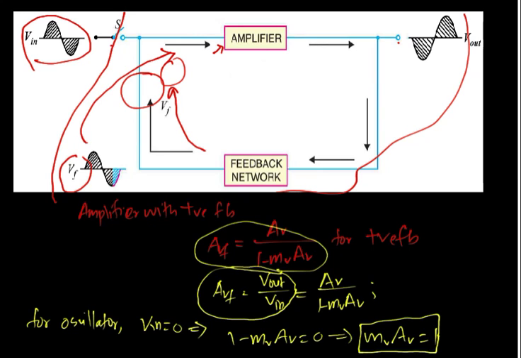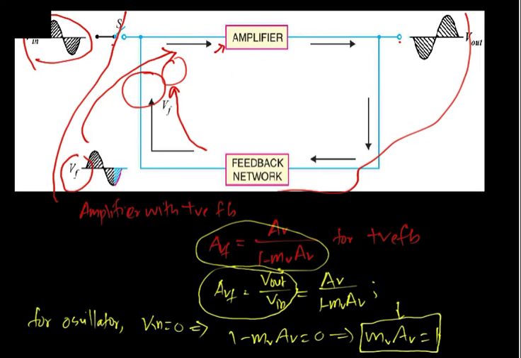Or to make an amplifier circuit with positive feedback act as an oscillator, the condition that must be emphasized is given by this one, MV AV is equal to 1, and this criterion or condition is called the Barkhausen criterion.